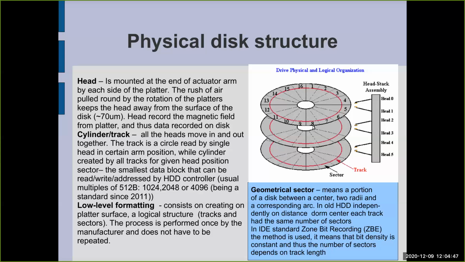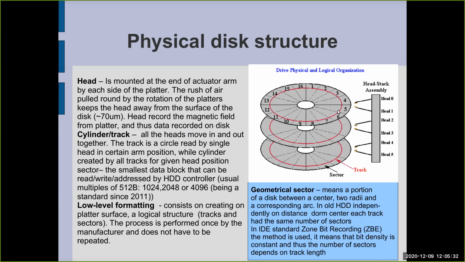On a hard drive we can have a dozen of tracks. But if we have many heads and they are fixed, they can be positioned only together. When we take all tracks for a particular head position, we get something which is called a cylinder. A cylinder is a cross section, and it contains all tracks which can be read in a particular head position.